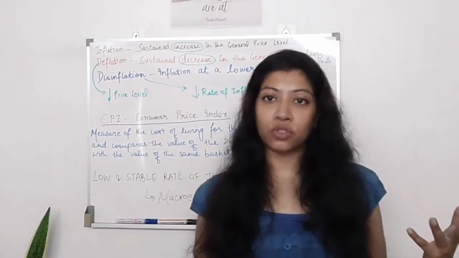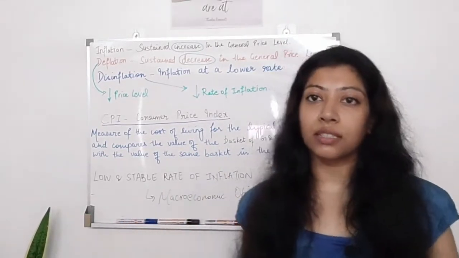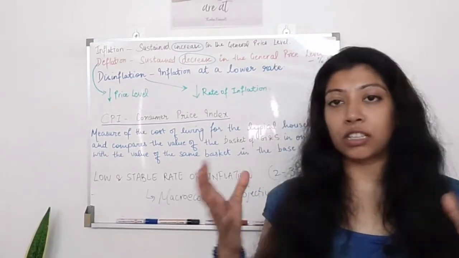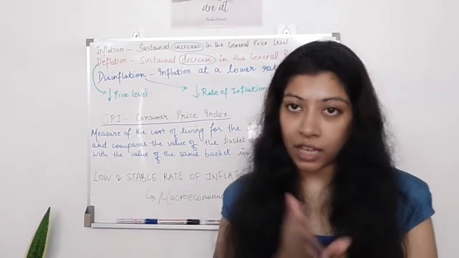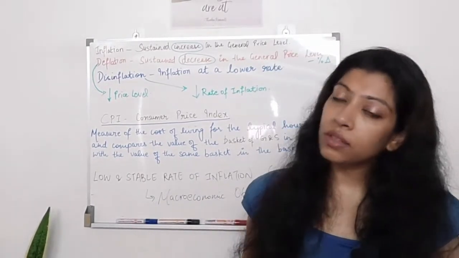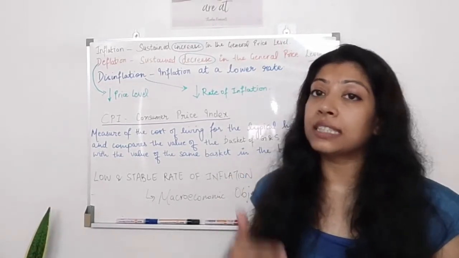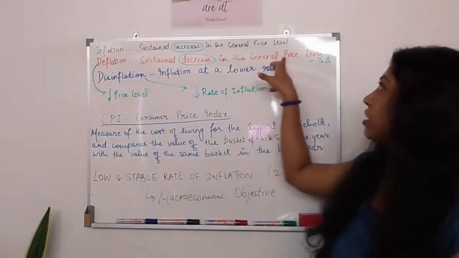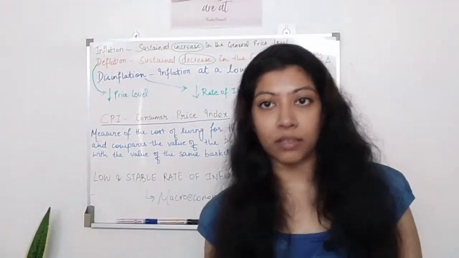So maybe if last year the inflation was 7% in a country, and this year it is 6.8%, there's still inflation. It's a positive value, but it's just lower than the previous year, which shows there's disinflation. However, if it is a negative value, it will show a decrease in the general price level. So it's a negative percentage change from the previous year.